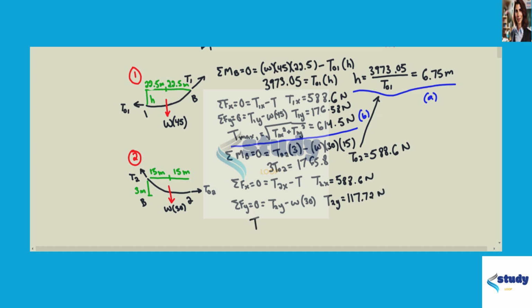Now we're going to solve for the max tension in cable 2, which is the square root of T2x squared plus T2y squared, which equals 600 newtons. And this is the last part of B.